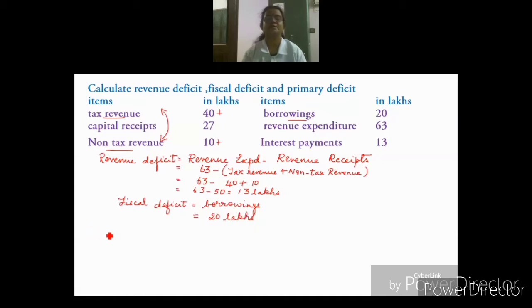Now the third one is primary deficit. Primary deficit is equal to fiscal deficit minus interest payments.